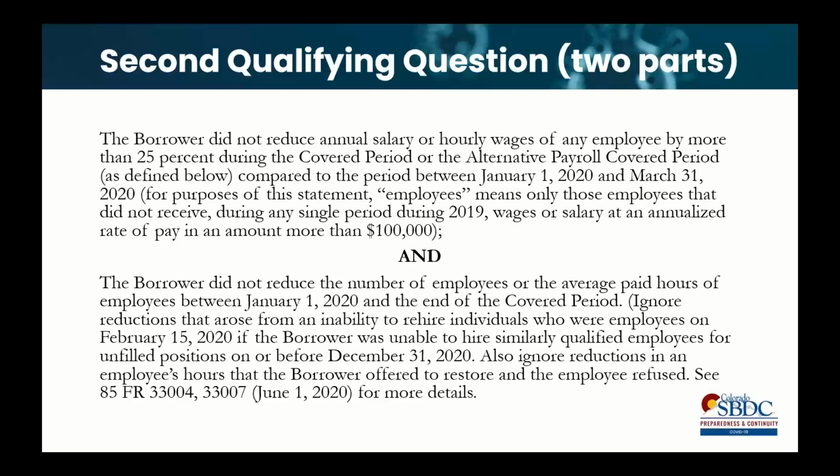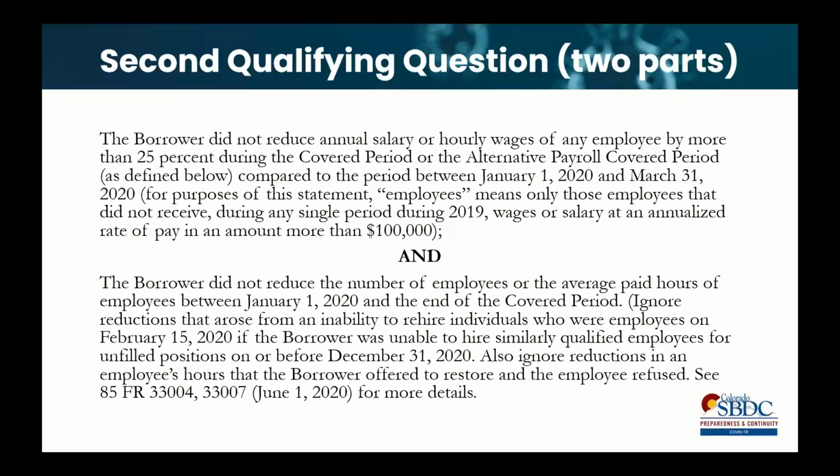There are also 2 notable exceptions which allow a business to reduce its overall employment and still answer in the affirmative. First, if the business was unable to hire similarly qualified employees, and second, if the business offered to restore an employee's hours and the employee refused the offer.